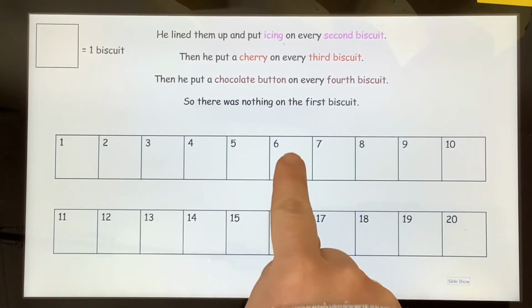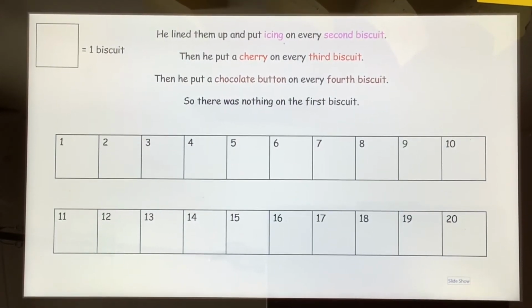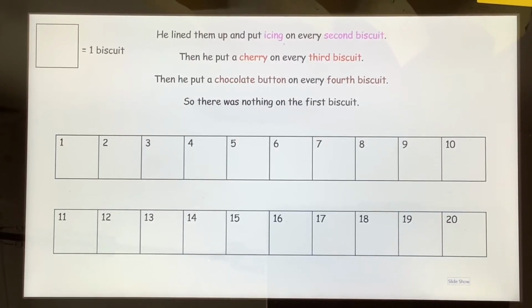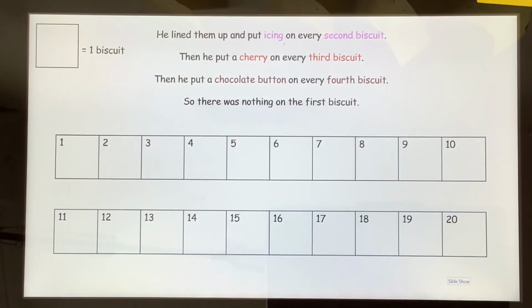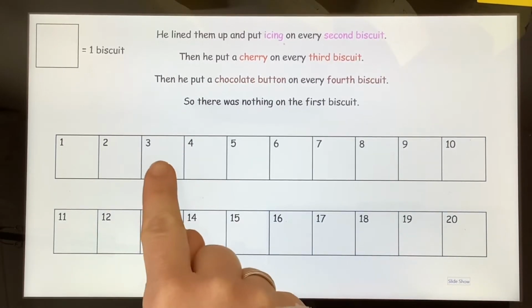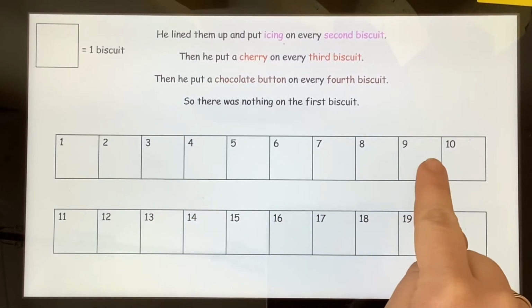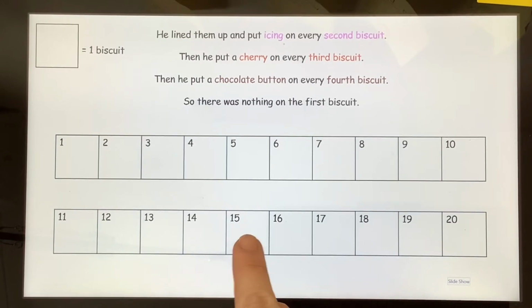What do you notice about every box that has a cherry in it? Hopefully, once you've put all your cherries in, you'll notice that you put a cherry in every number that is in the 3 times table. 3, 6, 9, 12, 15 and 18.